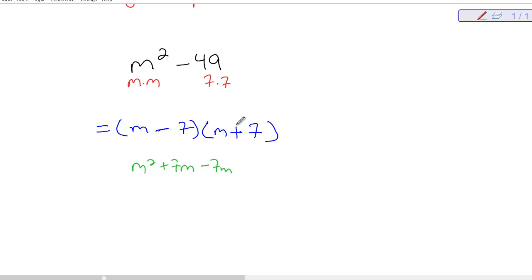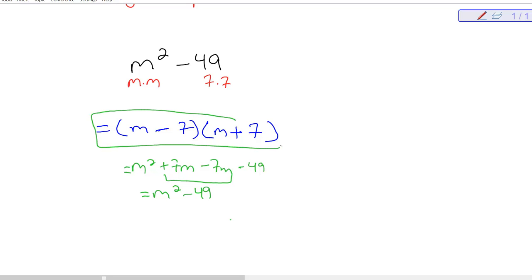And a negative 7 times a positive 7 gives me a negative 49. When I combine like terms, these two, positive 7m and a negative 7m, actually cancel out, leaving me with m squared minus 49. So I do get what I started with when I multiply these back together. So I have my factored form.